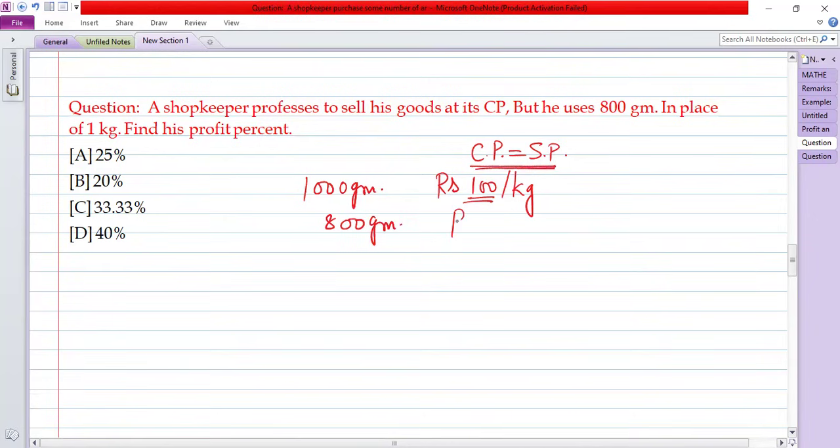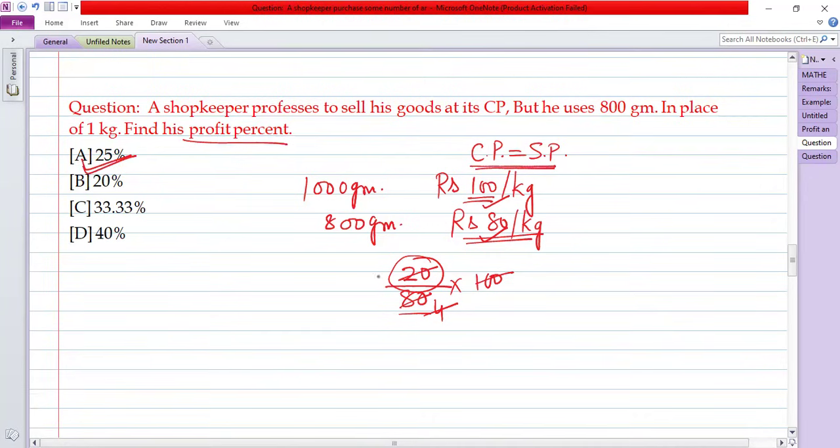So for the shopkeeper, the actual cost price is 80. So the difference is of 20. Now this 20 is the profit amount, divided by the actual cost price into 100. So this cancels with this and this cancels. So 25. So that's why 25%. This will be the profit percent of the shopkeeper.